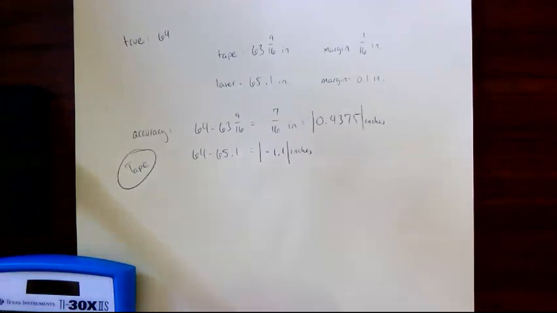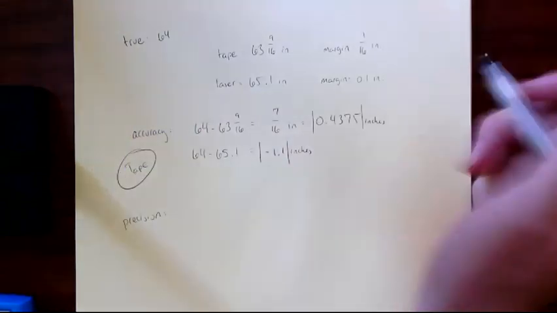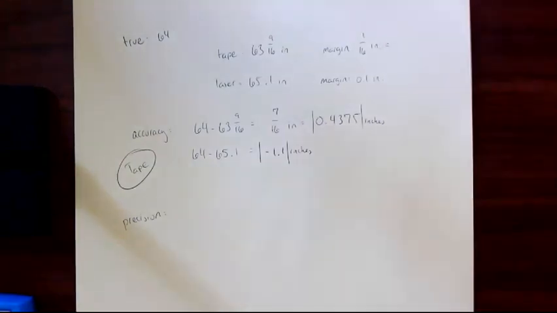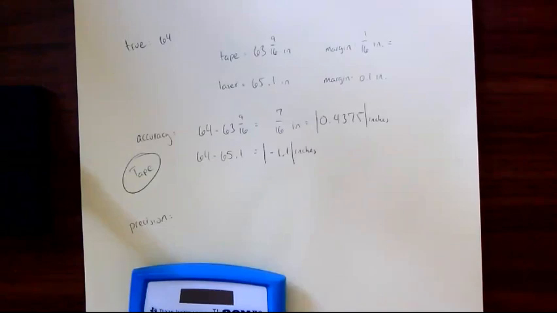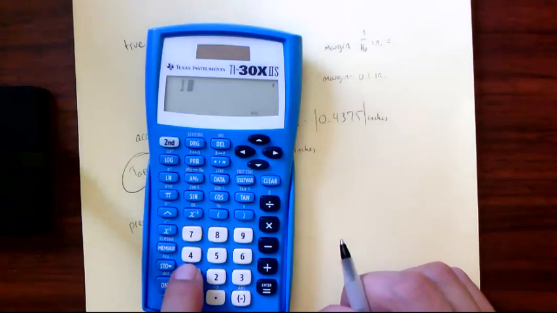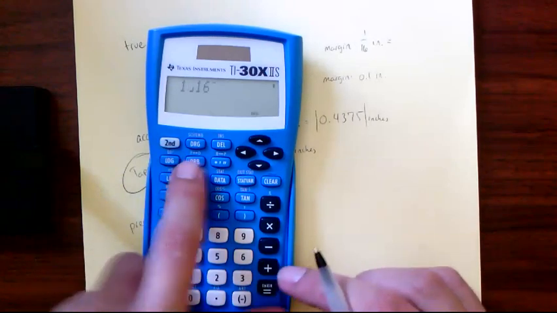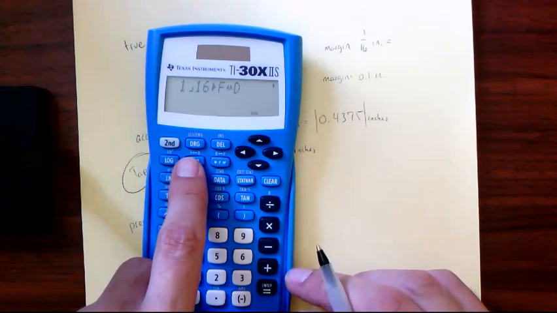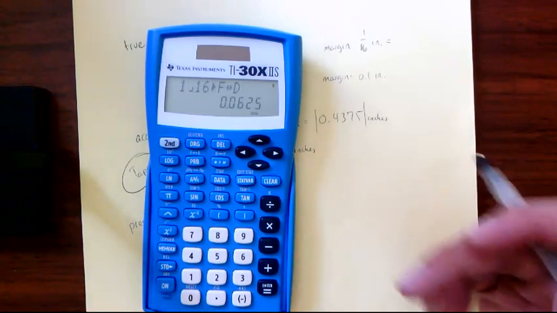For precision, a whole lot nicer. We look at our margins of error. Remember that for the tape measure, the margin of error was 1/16 of an inch, so I have to turn that into a decimal. Again, I'm going to do this up here so you guys can see. I'll go 1 and then hit my ABC and then 16. And then I'm going to hit the F to D button, which I have to hit second first, and then F to D. That's going to turn my 1/16 fraction into a decimal, and I get 0.0625.